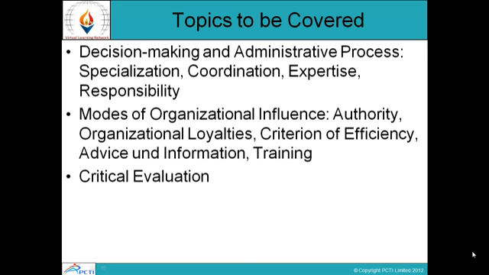At the same time, decision making and administrative process, specialization, coordination, expertise, responsibilities, modes of organization influence, authority, organization loyalty, creations of efficiency, advice and information, training, critical evaluation.